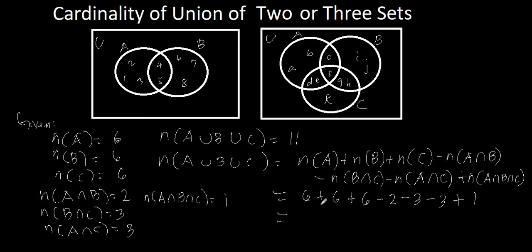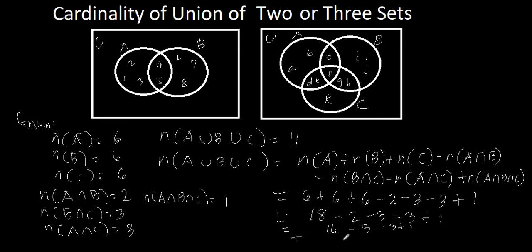Okay, so let's add and subtract the cardinalities. So we have 6 plus 6 plus 6 is 18, minus 2 minus 3 minus 3 plus 1 equals 18 minus 2 is 16, minus 3 minus 3 plus 1.